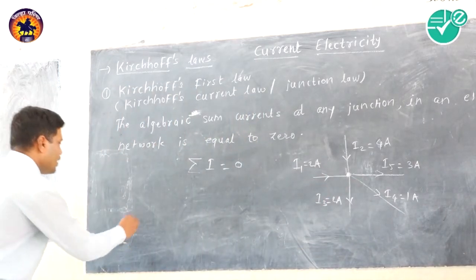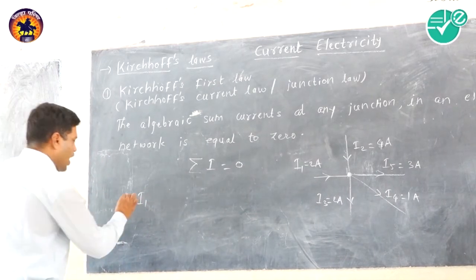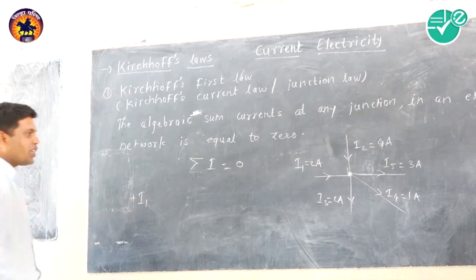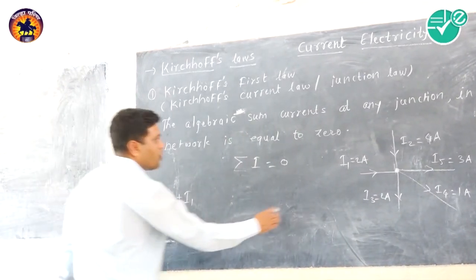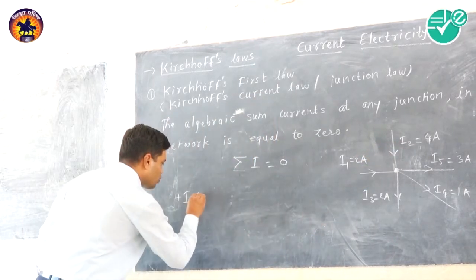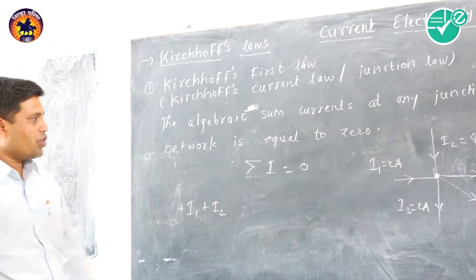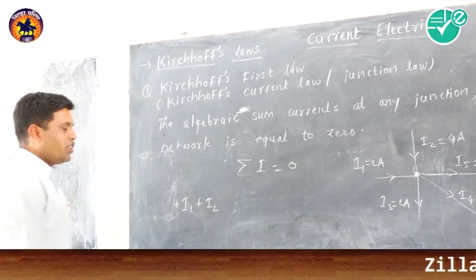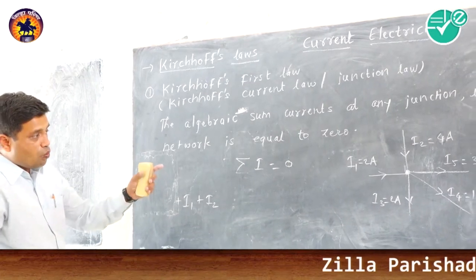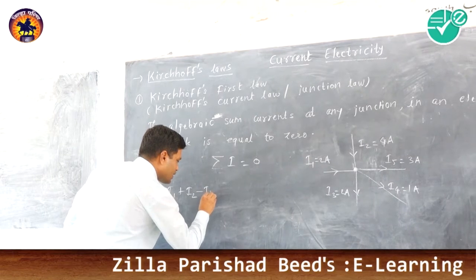So I1 is positive because it is flowing towards the junction. I2 is also positive because it is also moving towards the junction. I3 is moving away from the junction, therefore we treat I3 as negative.